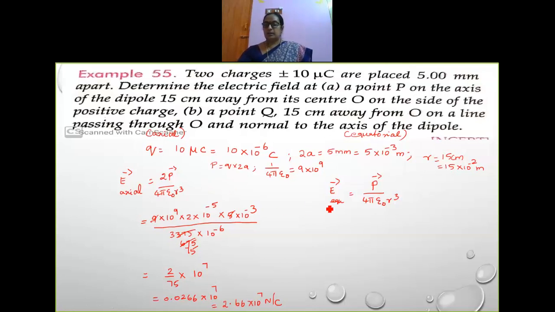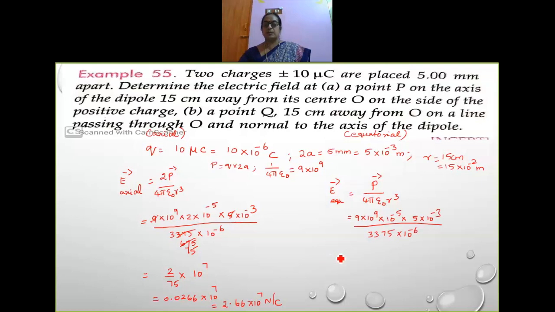So again 1 by 4 pi epsilon naught, you substitute 9 into 10 power 9, then P is q into 2a. Q is 10 power minus 5 and a is 5 into 10 power minus 3, divided by again r cube, of course it is 3375 into 10 power minus 6.